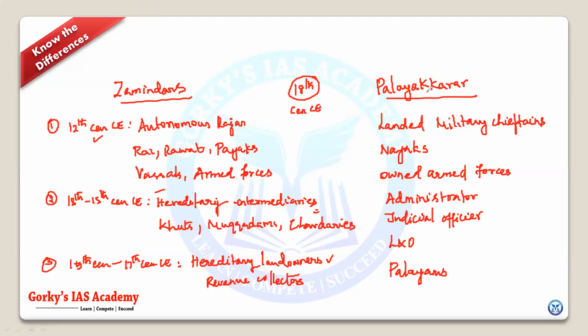Because Palayakkarar went on forming alliances or confederations and they went against the British during the early 19th century. So these Palayakkarars were completely abolished and they were converted into the Zamindari system.